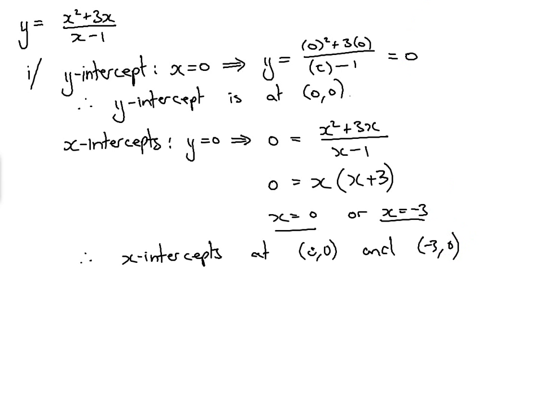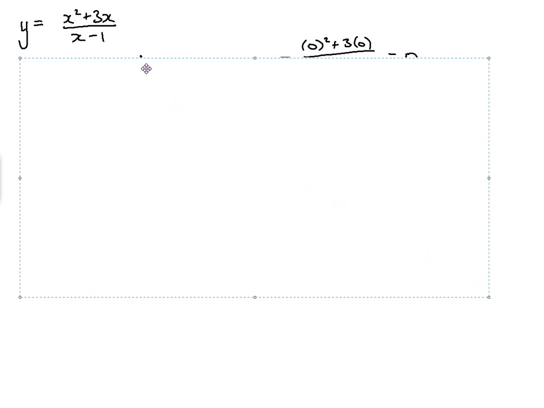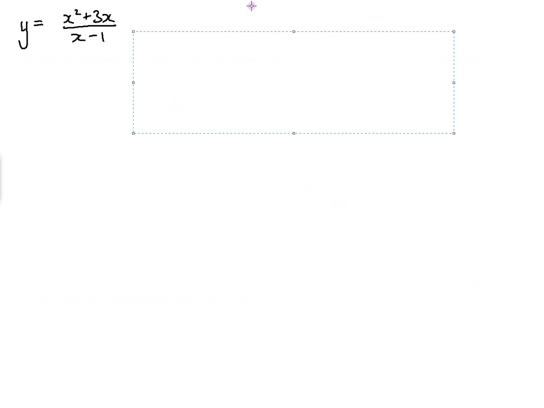So we can erase this now. What should we do for part 2? Part 2 wants us to find the equations of the asymptotes.